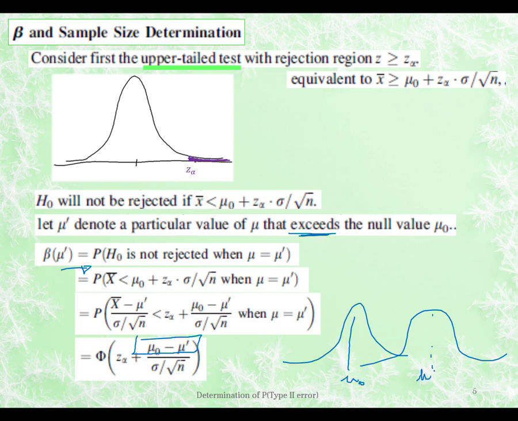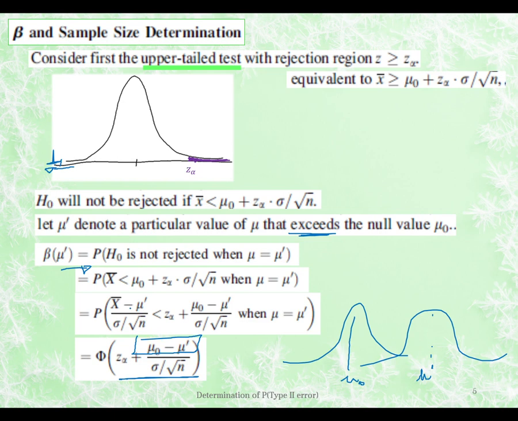So the larger mu prime becomes, the difference between these two values will become larger and larger, in a negative sense, because you're taking a larger value away from a fixed value, which is smaller than mu prime. And then that means that this entire term is going to become more and more negative. Remember, if you think about a normal curve, the further to the left you are on your normal curve, the smaller the probability to the left will become. So it all makes perfect sense.